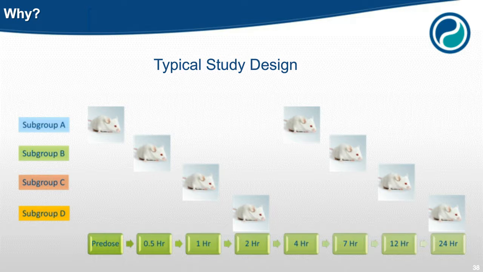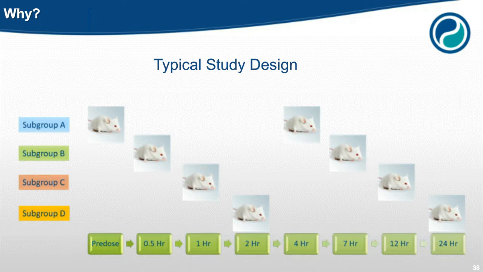This is a very general example: even in the same dosing group, we need to have 3 or 4 subgroups. Each group will have 5 to 10 animals to achieve the volume we need at each time point for bioanalysis.